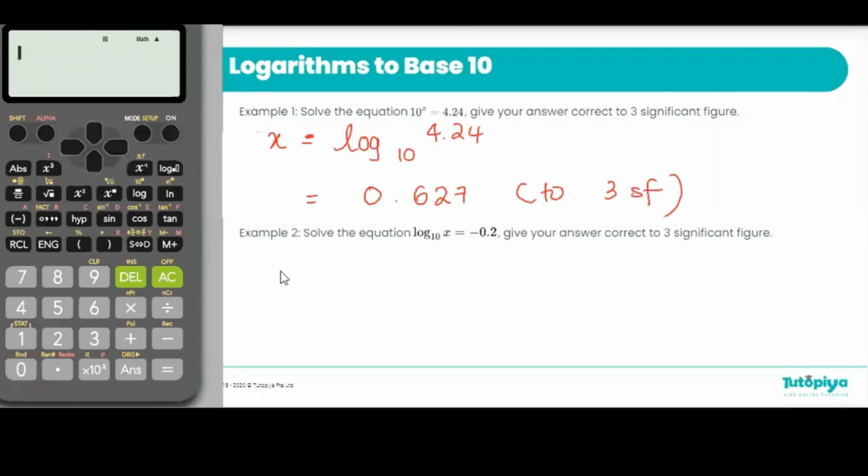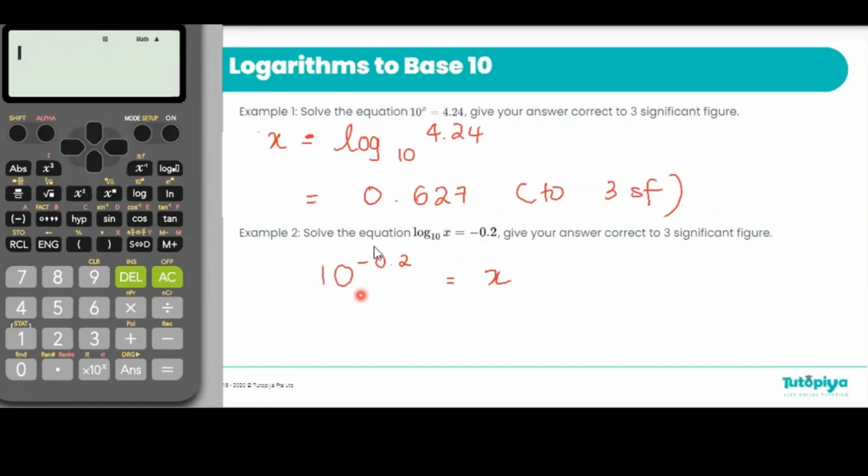Let's also have a look at the second example given here. It says, solve the equation log x to the base 10 is equal to negative 0.2. In this case, we're going to convert this into exponent form. So I can say 10 to the power of negative 0.2 should give me my answer, that's x.